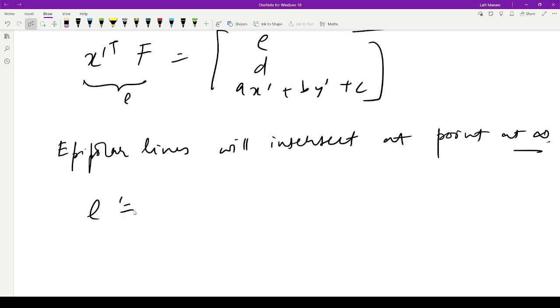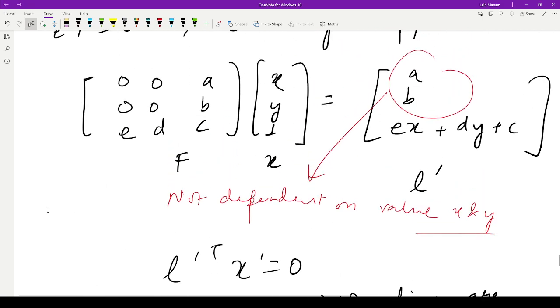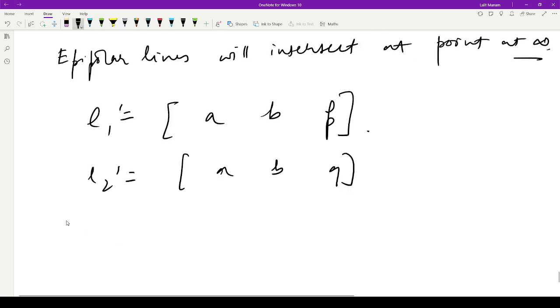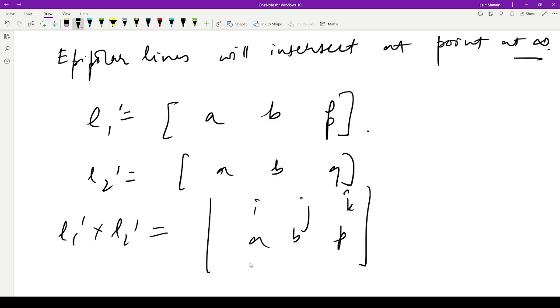L prime, something of this sort, A, B, and some value, something else. Okay, L1 prime and L2 prime, some A, B, and Q. What would be the intersection? Simple cross product, right? And what does it give? We have done this in the first session, I guess.